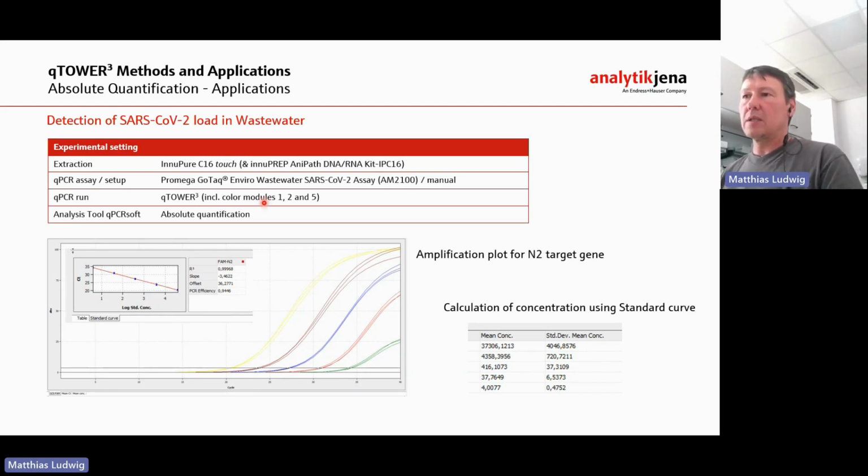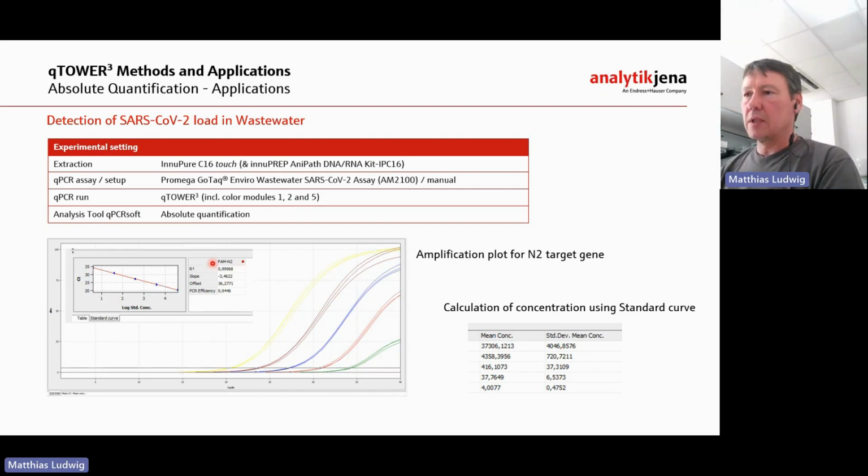And inside this assay, you also have the possibility to detect the N1 or E gene, and also PMMoV. For these 3 different viruses or targets, you can create a calibration curve.